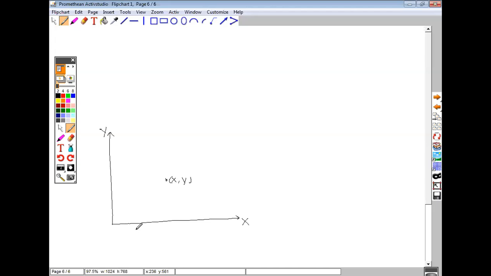This is the coordinate x, y that I have observed, and I'll have a certain respective value of x and a certain value for y.